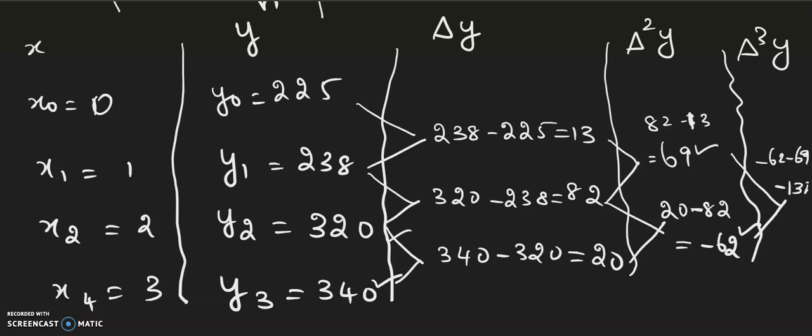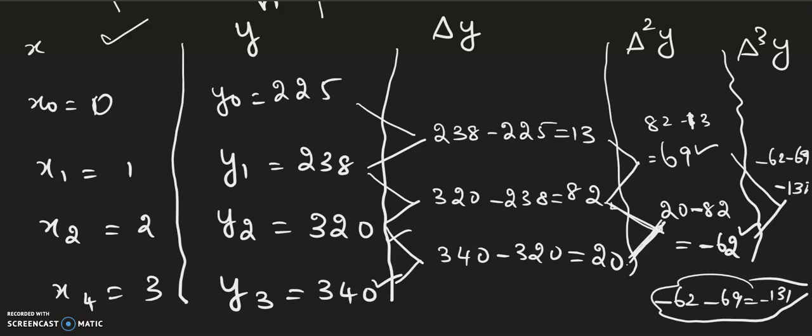This is the final value. So please be careful with the sign. 20 minus 82 gave a negative sign because of the smaller value. So minus 62 minus 69 is minus 131. So this is your tabular column.